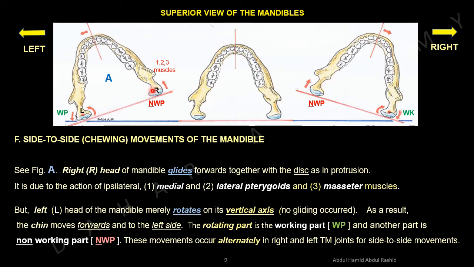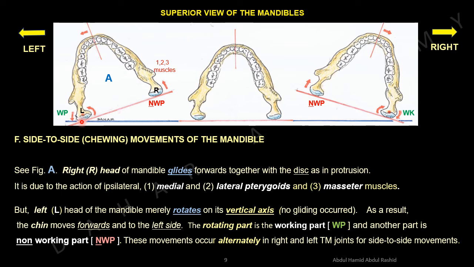Right head of the mandible glides forwards together with its articular disc, like in protrusion. It is due to the actions of medial pterygoid, lateral pterygoid, and masseter of same side, ipsilateral side. At the same time, on the left side, that is left head of the mandible, merely rotates on its vertical axis.